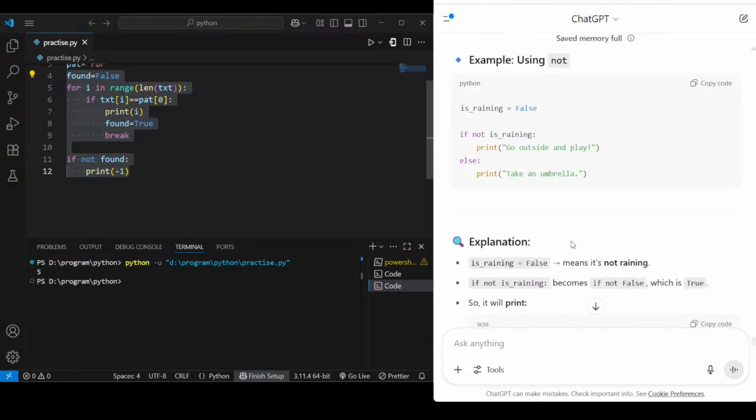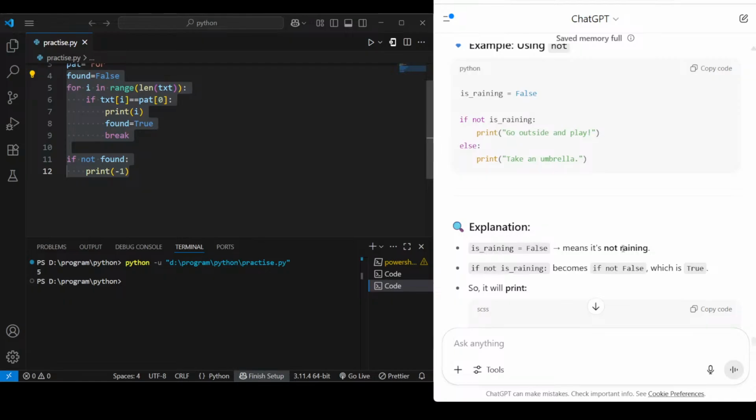Is raining false means, if not becomes if not false, which is true, so it will print.